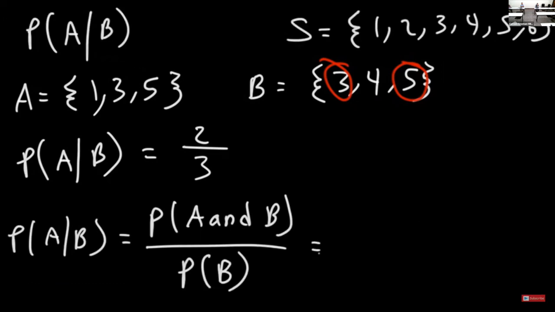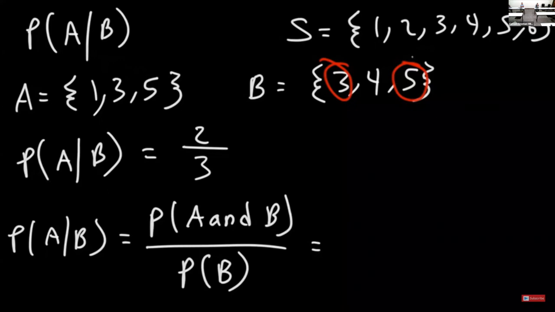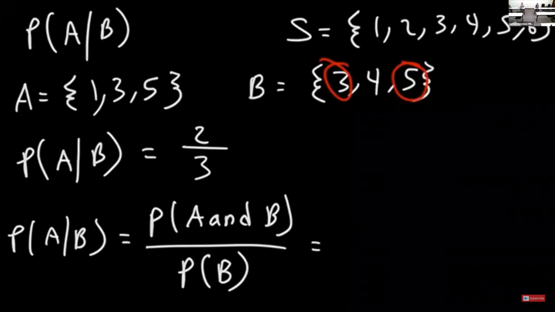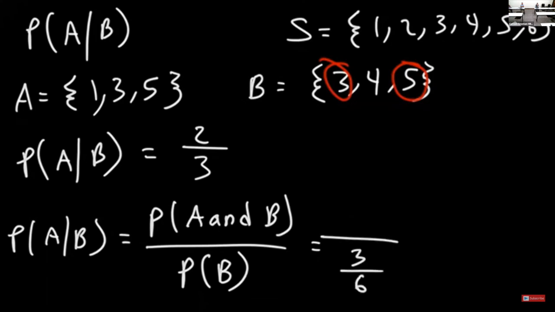B has 3 outcomes that lead to it, out of a total of 6 outcomes in the sample space. So when you roll a 6-sided die, there are 6 numbers you can get, and B is half of those numbers. So the probability that event B will occur is 3 out of 6.